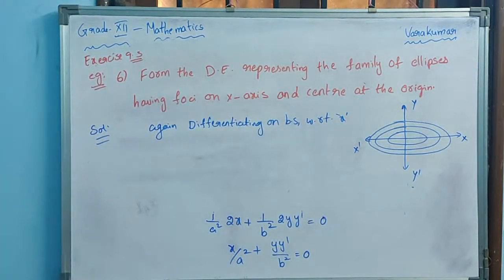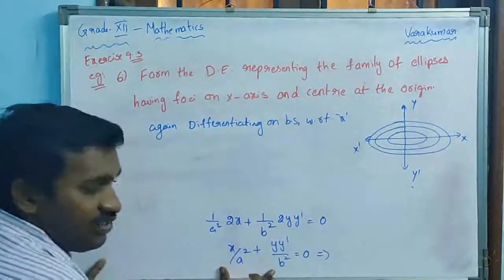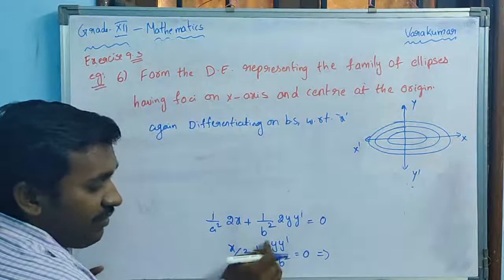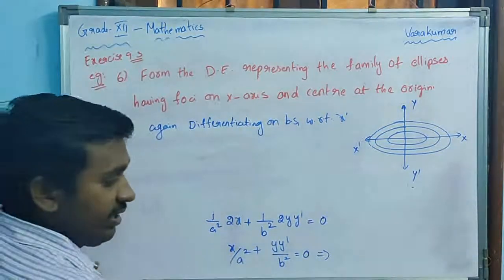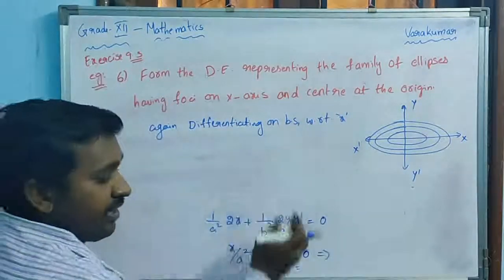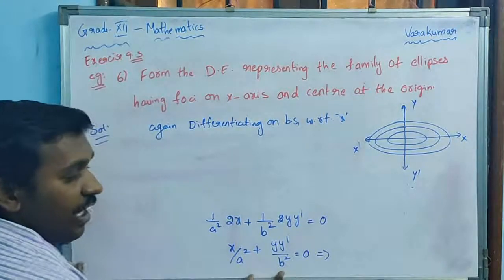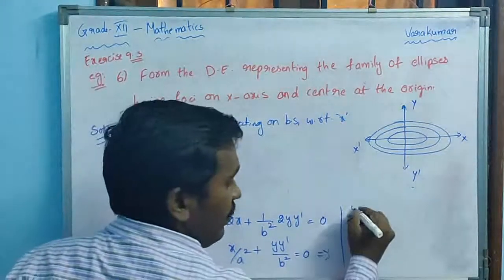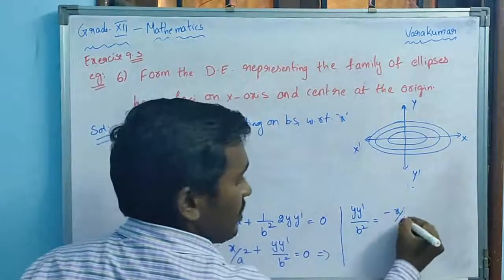Now, the question may be confusing. I have written again differentiating on both sides with respect to x, but what I am going to do is simplify this one first. How? Look, y y dash by b square is equal to minus x by a square.